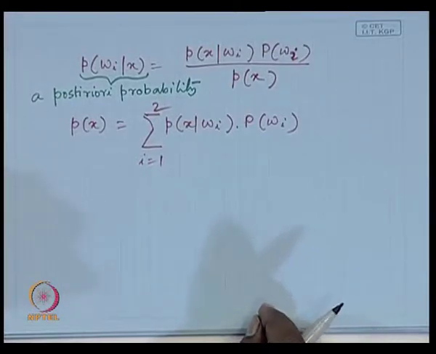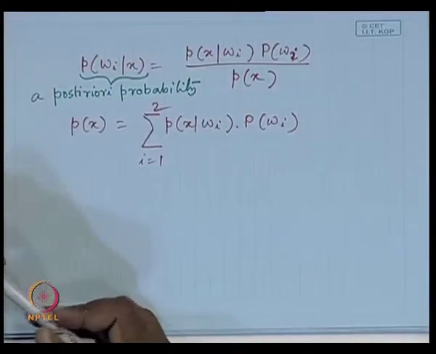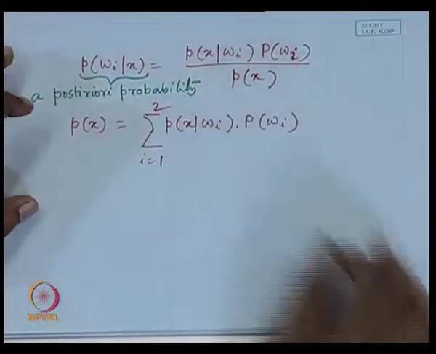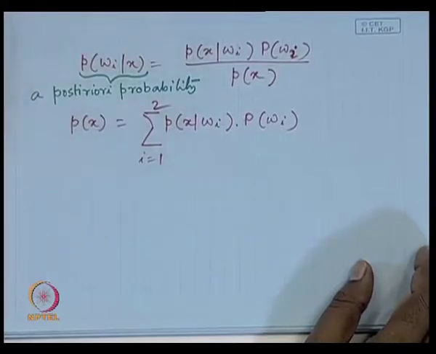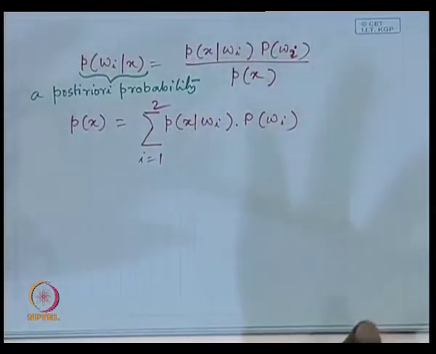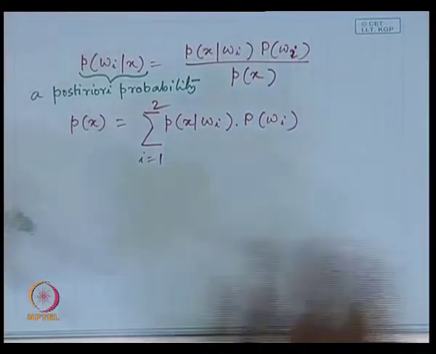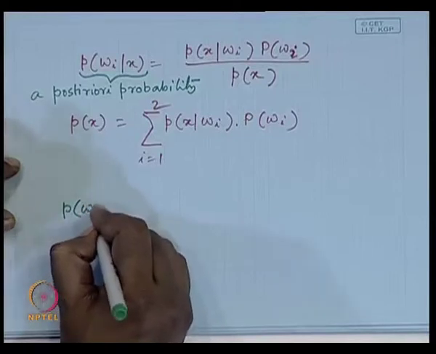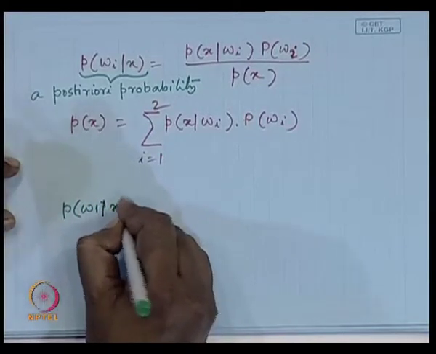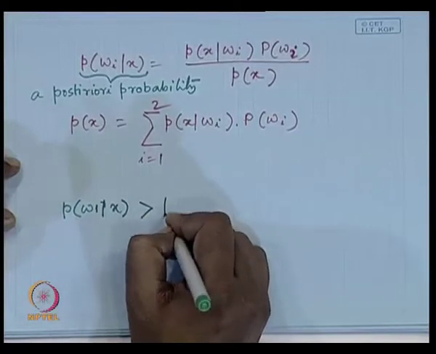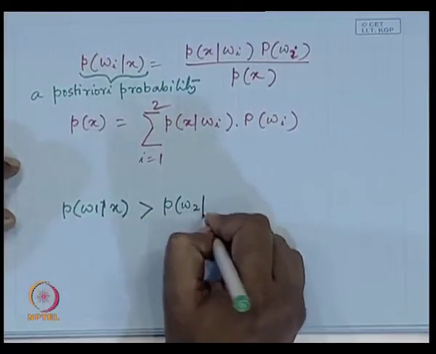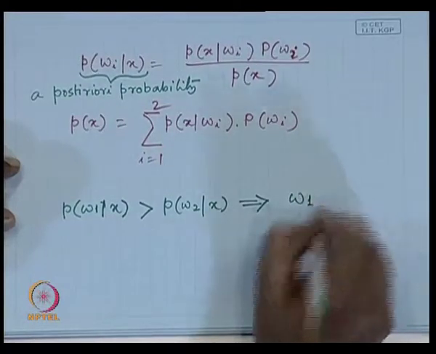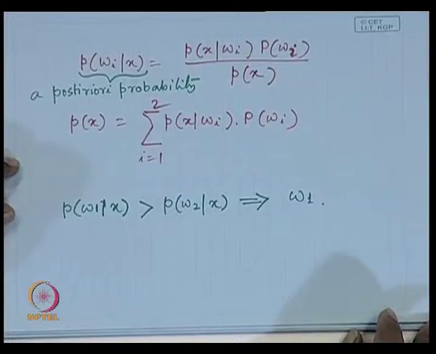Okay. Now, over here my simple decision rule. So, this is what Bayes theory actually is, right, and from this Bayes theory I can have the simple Bayes decision rule, okay, which will be that if P of omega 1 given x is greater than P of omega 2 given x, then you decide in favor of class omega 1, okay.